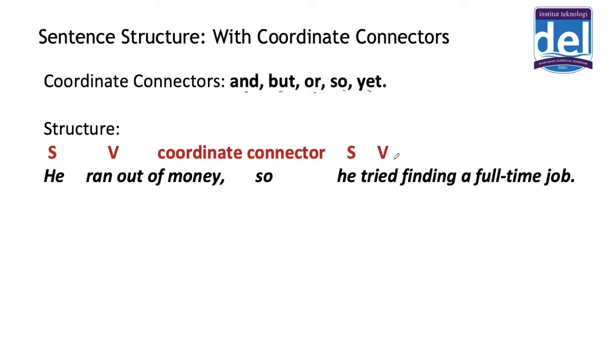The connector is always placed in the middle of the sentence. That's how it makes sense. This is the example: He ran out of money, comma, so he tried finding a full-time job. Remember: subject, verb, coordinate connector, subject, verb. Be familiar with these five, alright?